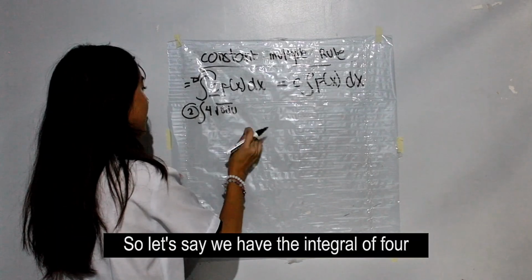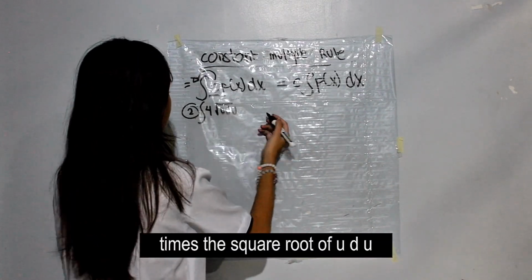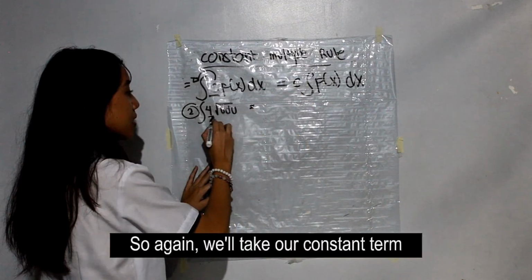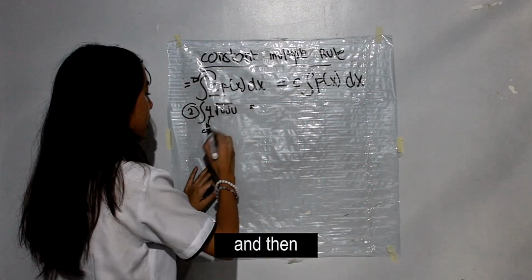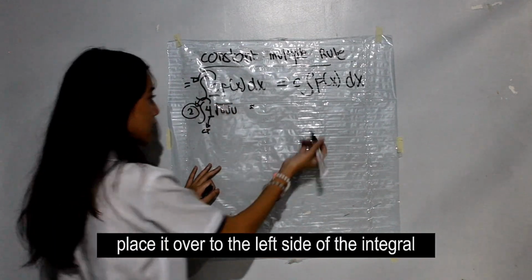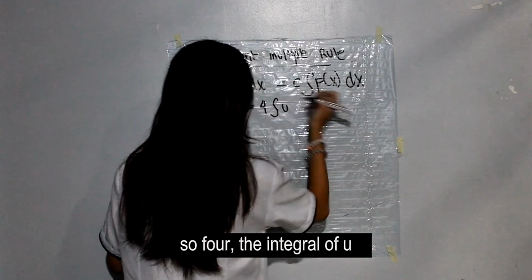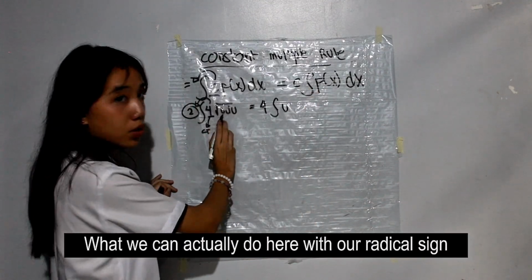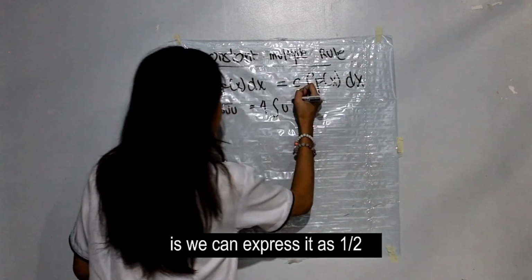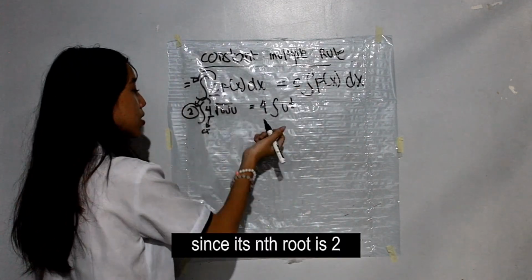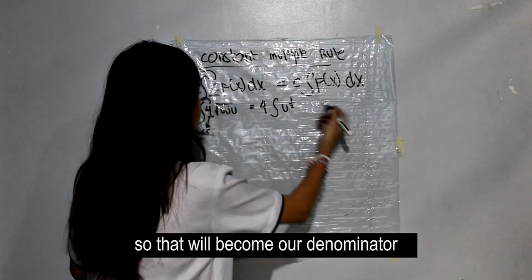So let's say we have the integral of 4 times the square root of u du. So again, we'll take our constant term and place it over to the left side of the integral sign. So for the integral of the square root of u, what we can actually do here with our radical sign is express it as 1/2, since its nth root is 2, so that will become our denominator.